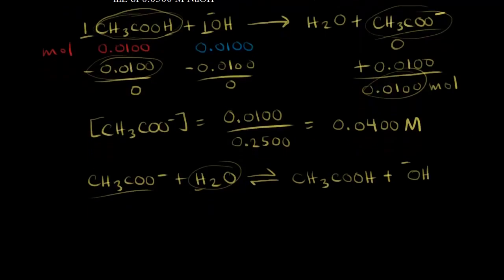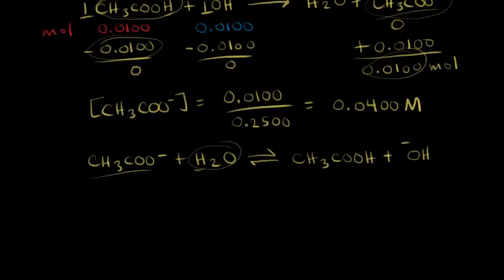So now let's think about our initial concentration of acetate. Right? So our initial concentration of acetate was 0.04. So we write here initial concentration is 0.04 molar, and we're assuming that we don't have any products yet, so we write 0 here. Next, we think about our change. Well, a certain concentration of acetate is going to react, right?